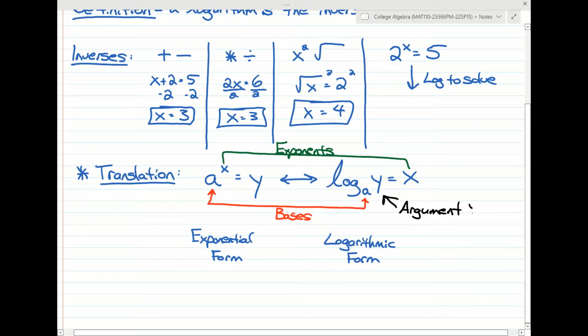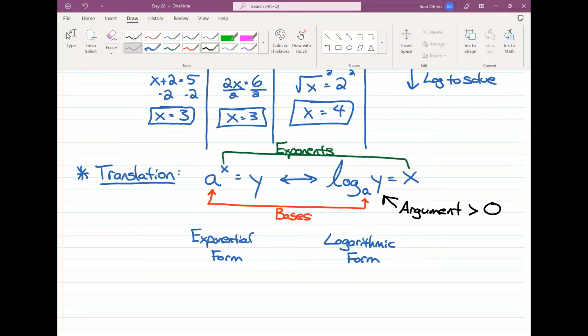The argument must be greater than 0. So you can't take the log of a negative number. That's what that means. Let's go through some examples.